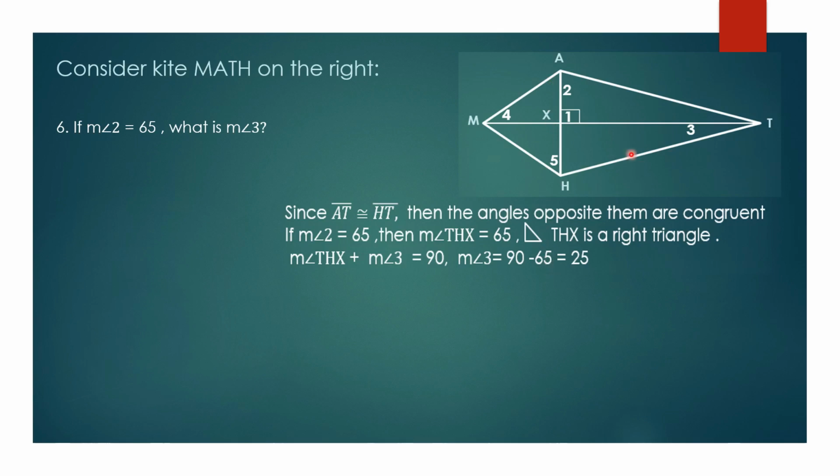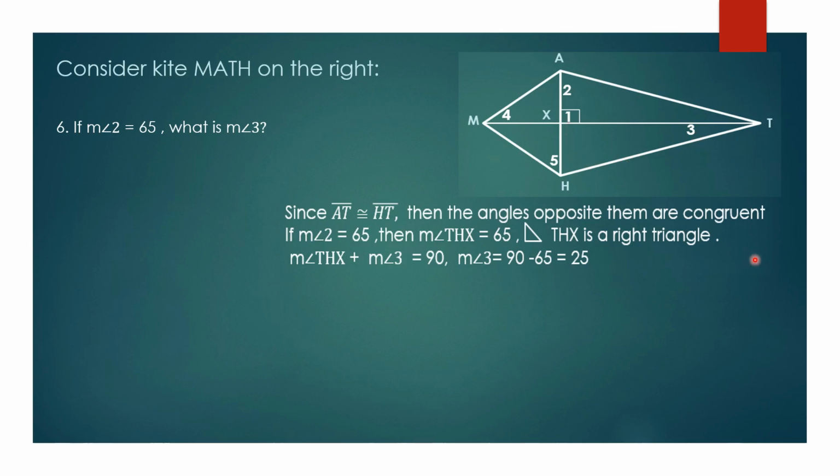So triangle THX is a right triangle. So the measure of angle THX plus the measure of angle 3 is equal to 90, and this angle here is also 90.